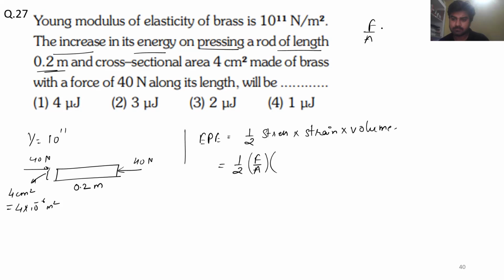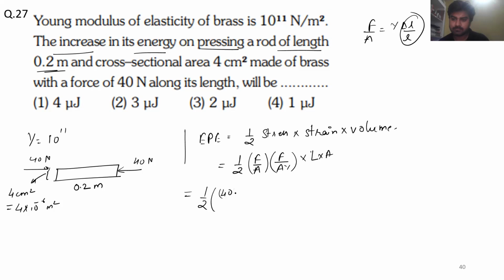Force upon area is equal to Young's modulus into delta L upon L. This is strain. So strain I can write as F by AY. So F by AY into volume, and volume is length into area, so L into A.